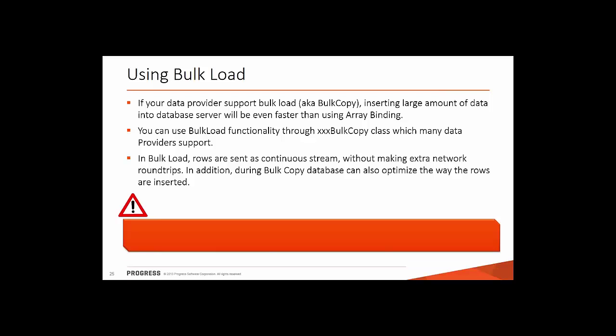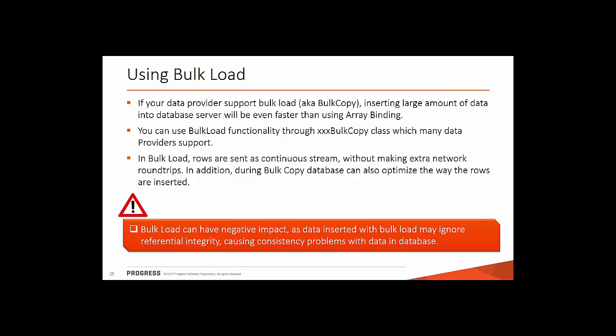But there is a drawback here. When you are using bulk load, sometimes the databases ignore referential integrity. So you may have some data consistency problems if you are using bulk load to insert your bulk data into databases.